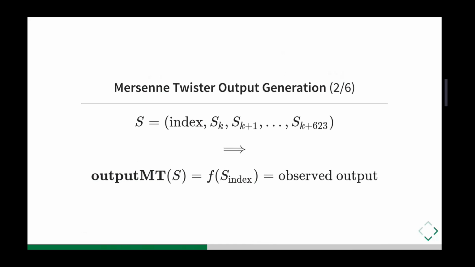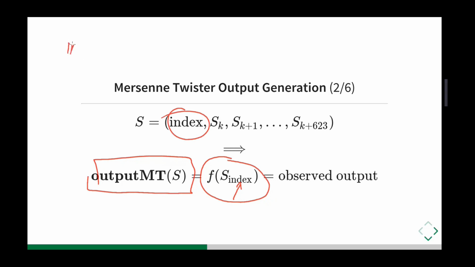Suppose this is the state: the output is a function of the state value indexed by this thing. So if the index is like k plus 1, the output observed is going to be a function of S_(k+1). So only a single state value helps to produce the output.